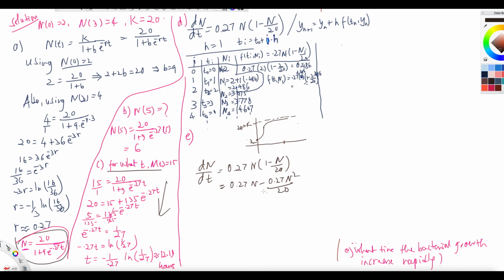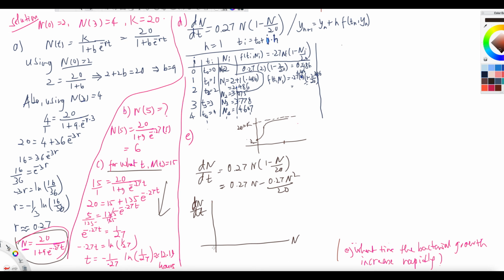The right-hand side is a quadratic function in N, and the N squared term has a negative coefficient. So if you draw a plot of dN/dt versus N, how does it look?